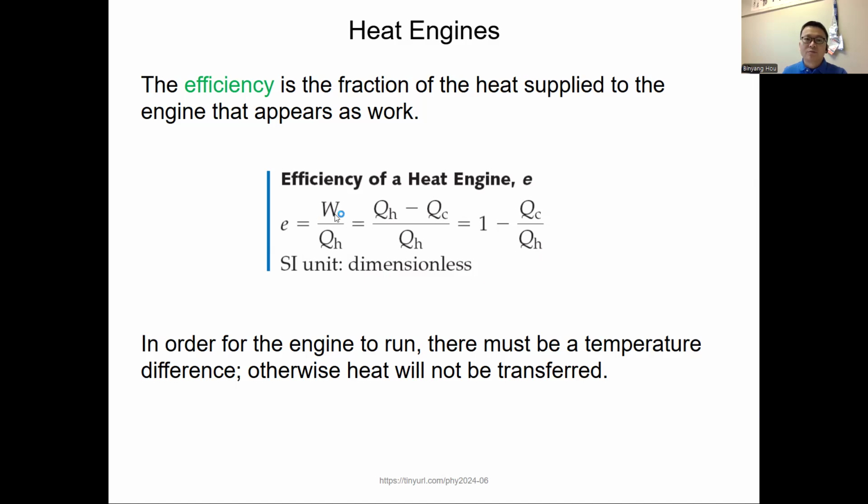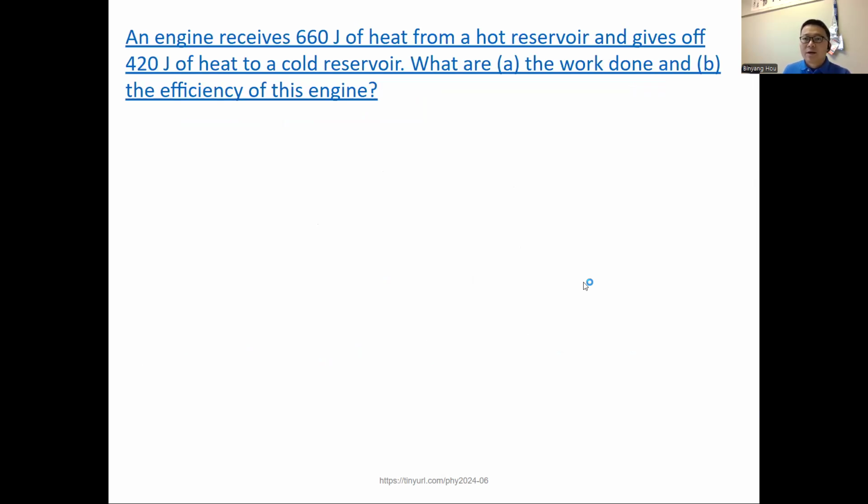W is work and Q is heat, so they have the same dimension. So their units will cancel out. Okay, so efficiency then has no dimension. Let's take a look at an example here quickly. It says an engine receives 660 joules of heat from a hot reservoir and gives out 420 joules of heat to a cold reservoir. What are the work done and the efficiency?